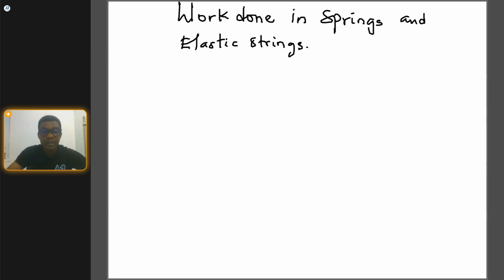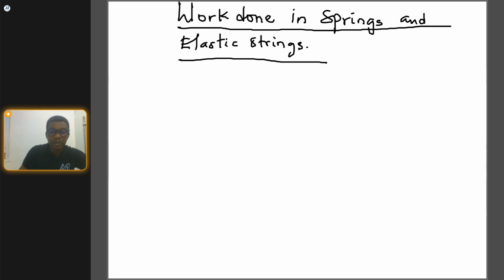So we are looking at two things: work done in a spring and work done in an elastic string. Now let's look at the definition of work done when it comes to elasticity. What is work done?